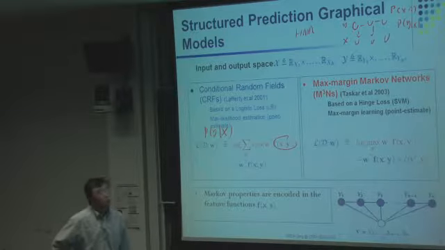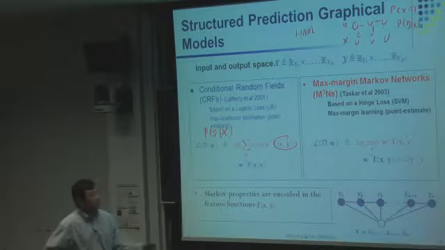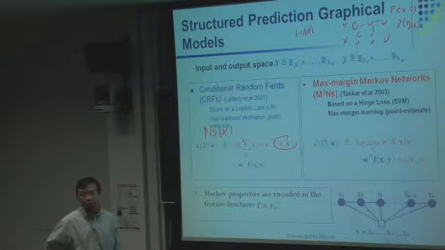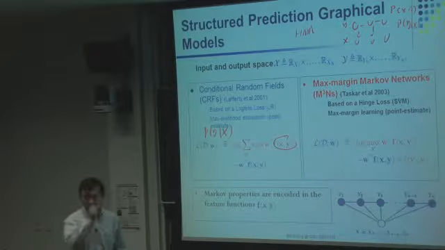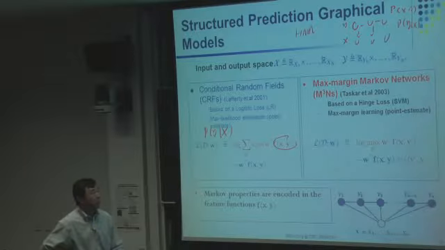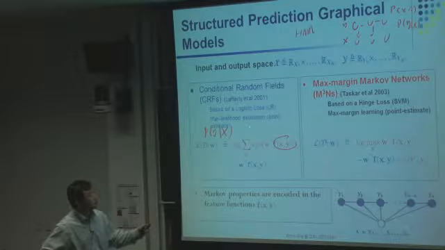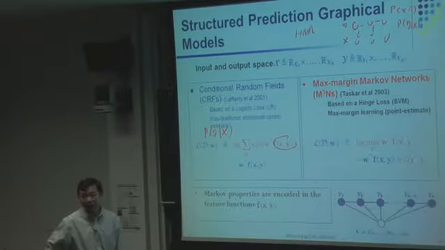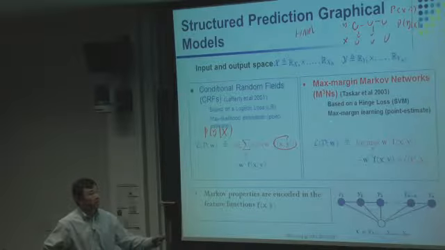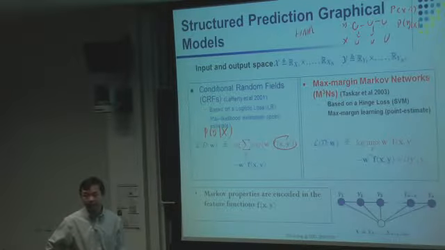And today I'm going to show you now another model, which is known as the maximum margin Markov network, which is actually the counterpart of support vector machine in this structured prediction domain, which means that you actually can also train this structured prediction model as what is trained in CRF using a large margin principle. Okay. And sometimes people call this a structured SVM instead of a Markov network.